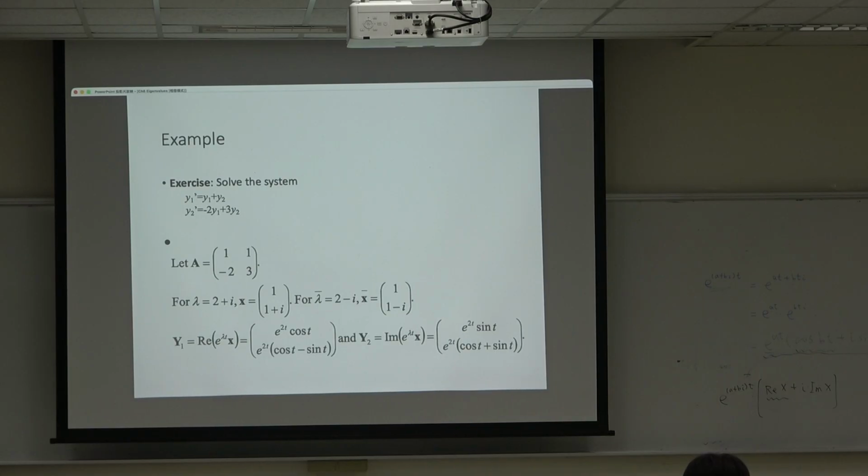Here I just want to remind you that up until now, you can see that a real matrix could have complex eigenvalues and eigenvectors.